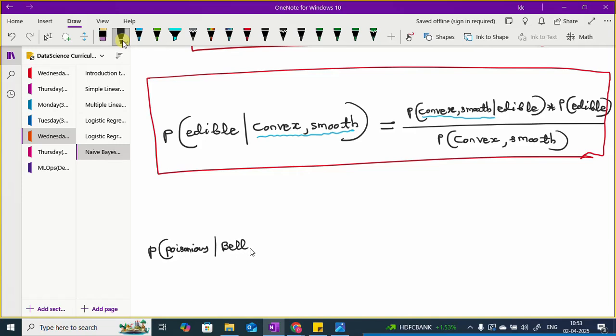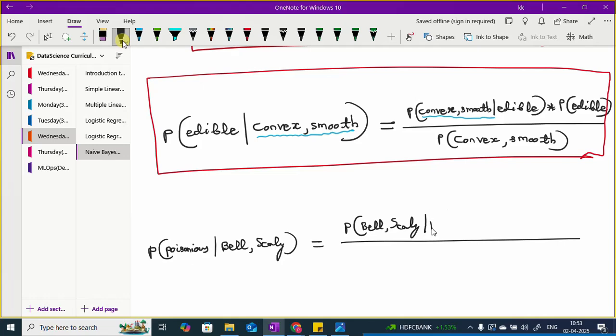Let's say Bell, given, let's say fibrous or scaly, is equal to, very simple, probability of Bell, scaly, provided poisonous, into probability of poisonous, divided by probability of Bell and scaly.